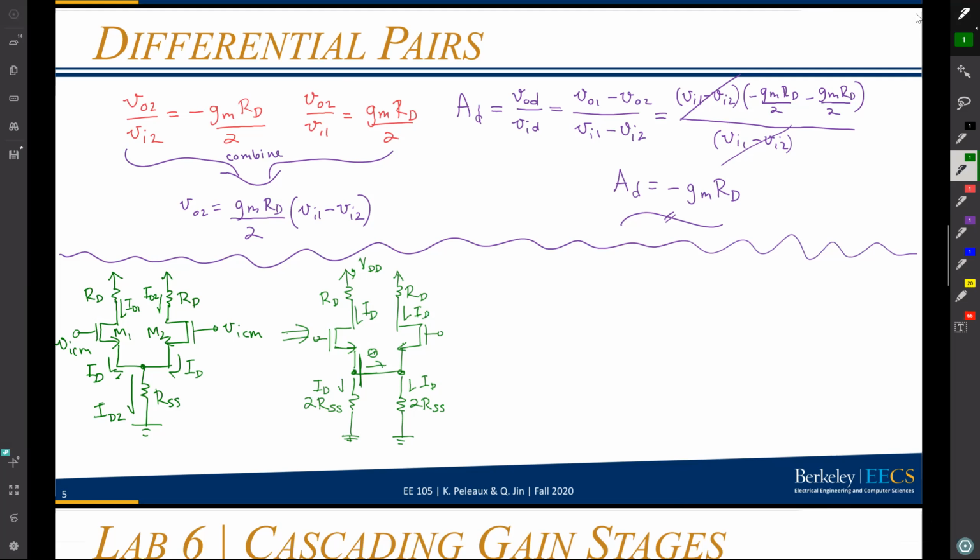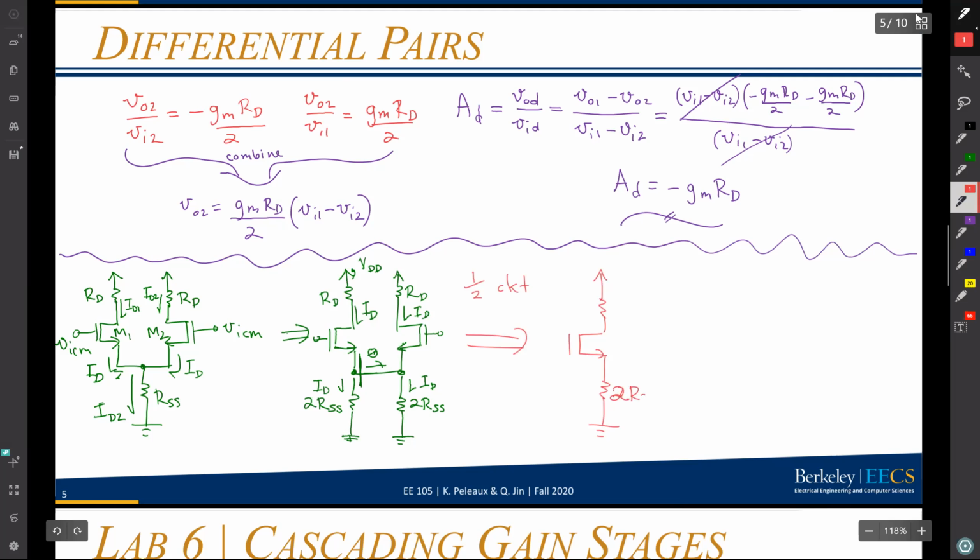Because there's no more current flowing into either of the two new RSSs that I've created. And so if there's no current flowing through that wire, then that wire is effectively not there. And so what I can do is then draw what I've been calling the half circuit, where now, instead of some differential circuit that I need to do superposition on, I can analyze a single transistor amplifier, which looks like something I've seen before and is much easier to analyze.